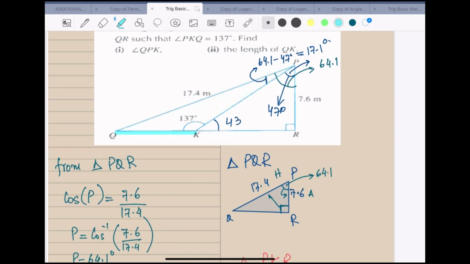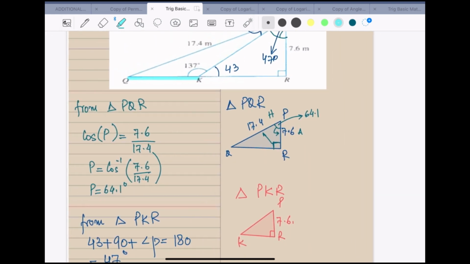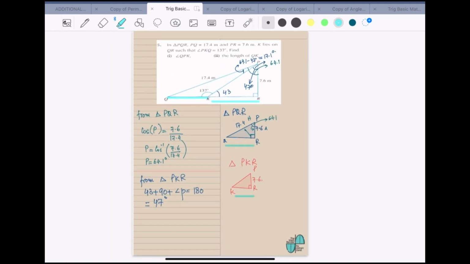So what we can do is, in the triangle PQR, if I'm able to find QR, the big side, and if I'm able to find KR, the small side here, and I subtract both of them, I'll be able to find QK. Let's approach it.